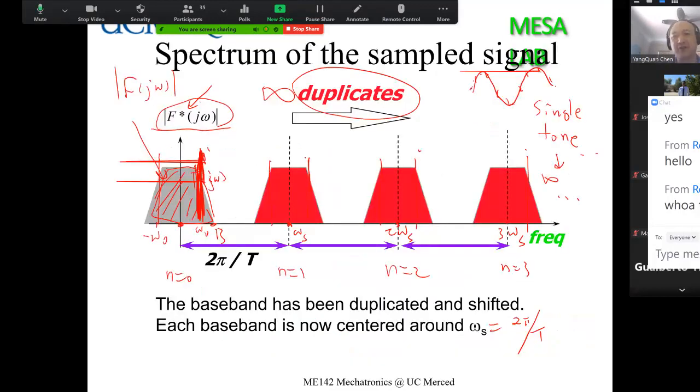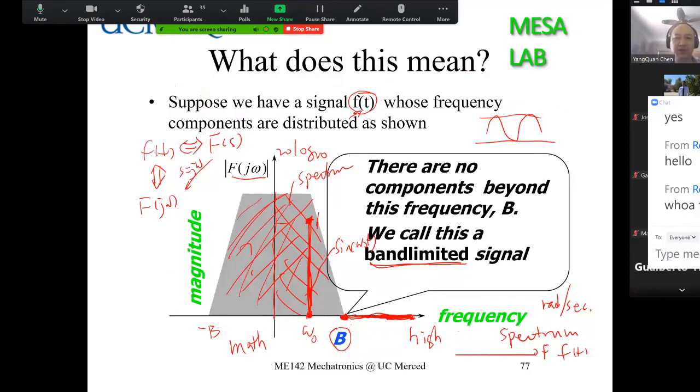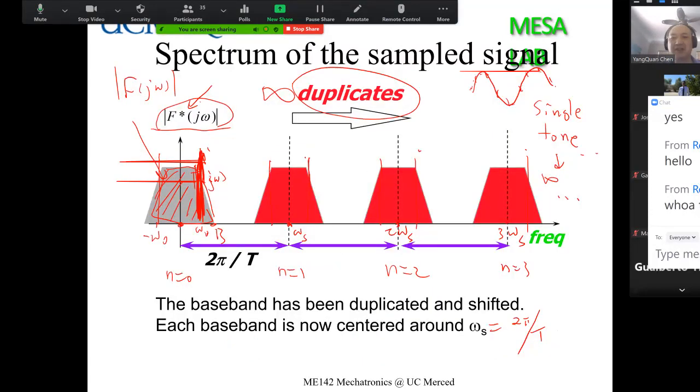But after we sample this continuous time signal, we are going to see that this shaded area gets duplicated with many copies, an infinite number of copies.